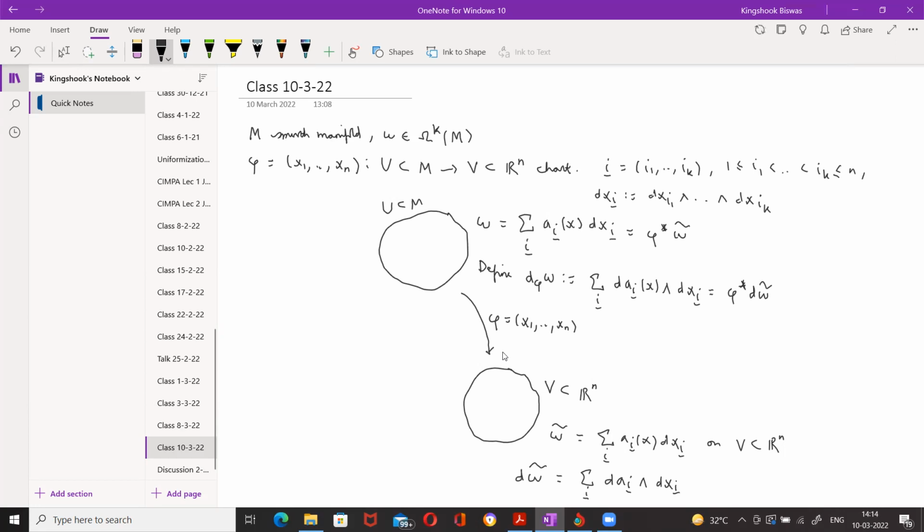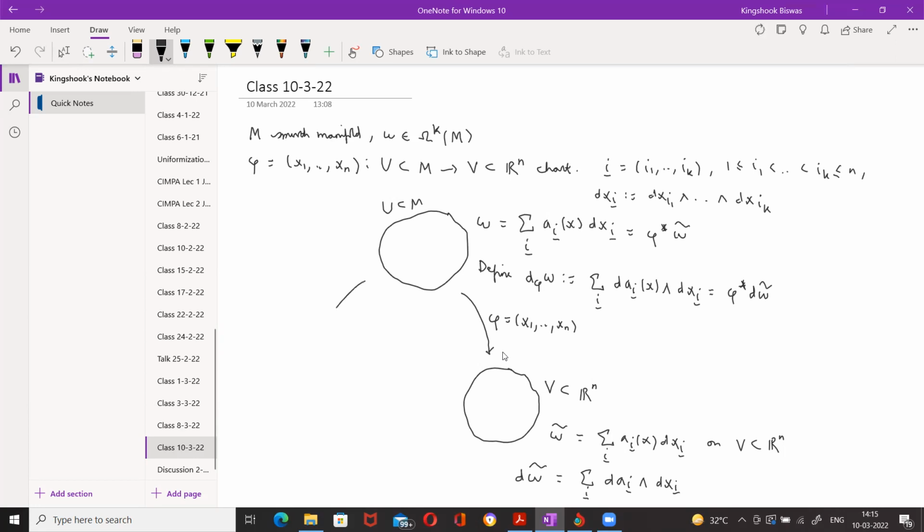Okay. So what we want to do is show that this is independent of the choice of charts. So we've used charts to define this exterior derivative of omega. Now we're going to show that this is independent of the choice of charts. To do that, we're going to use singular k cubes.